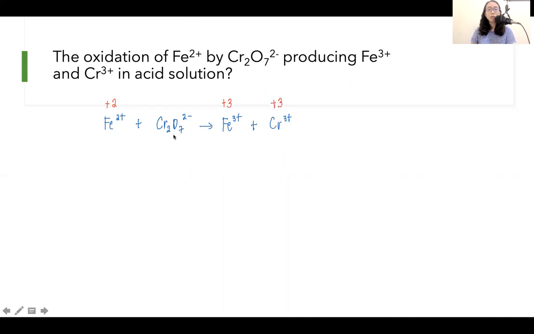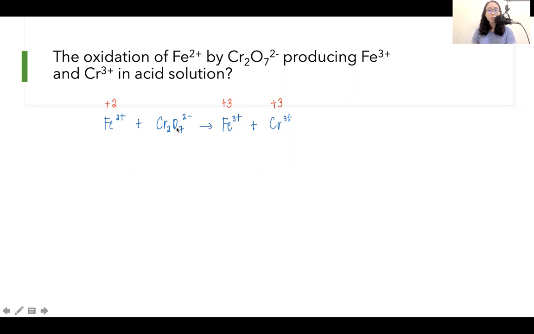Now let's go to dichromate. Dichromate has two elements. We need to assign an oxidation number for chromium and an oxidation number for oxygen. We know from rule number 3 that oxygen's oxidation number is usually -2, except if it is a peroxide.